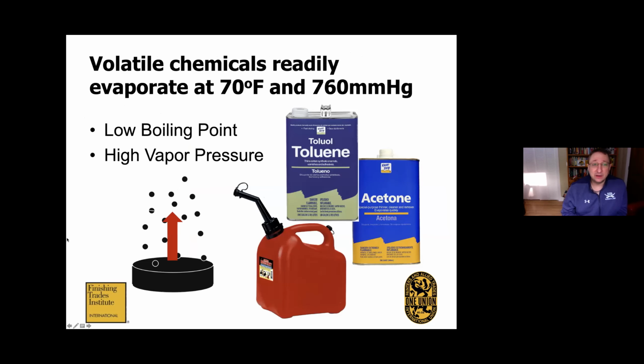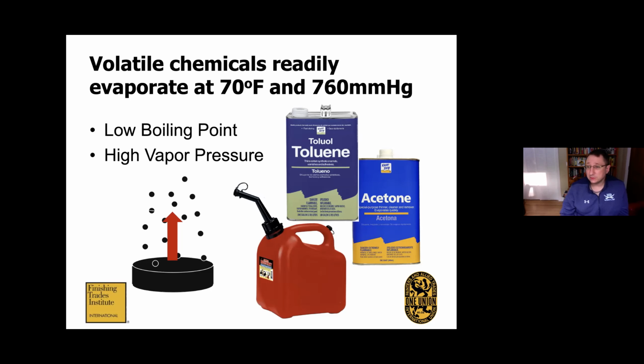Volatile chemicals readily evaporate at 70 degrees Fahrenheit and atmospheric pressure, which is 760 millimeters of mercury. They're going to have low boiling points, right? So in other words, it's not going to take a lot of heat to get these things to boil. So they've got low boiling points. And their vapor pressures are the opposite. They're going to have higher vapor pressures.